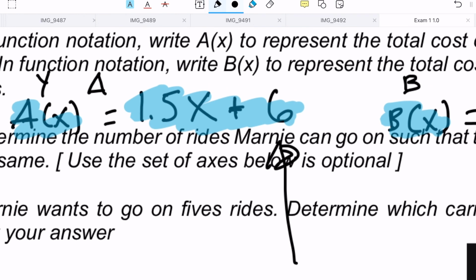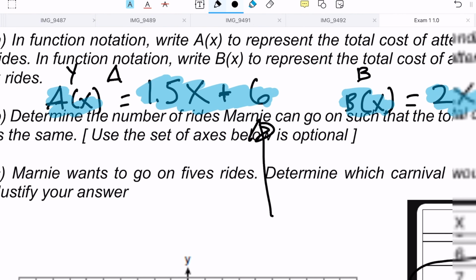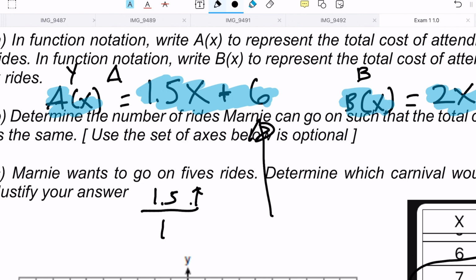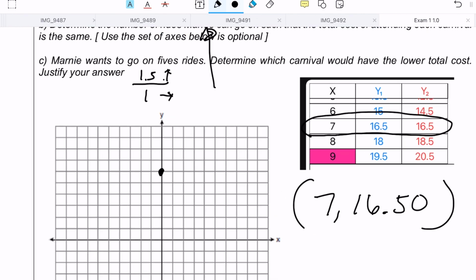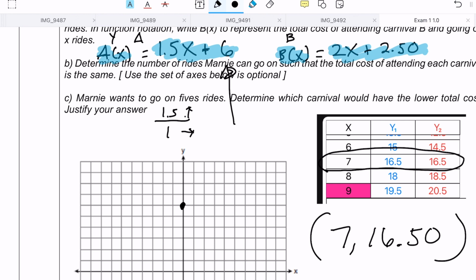We're going to go up 1.5 over 1, or we can go down 1.5 over 1.